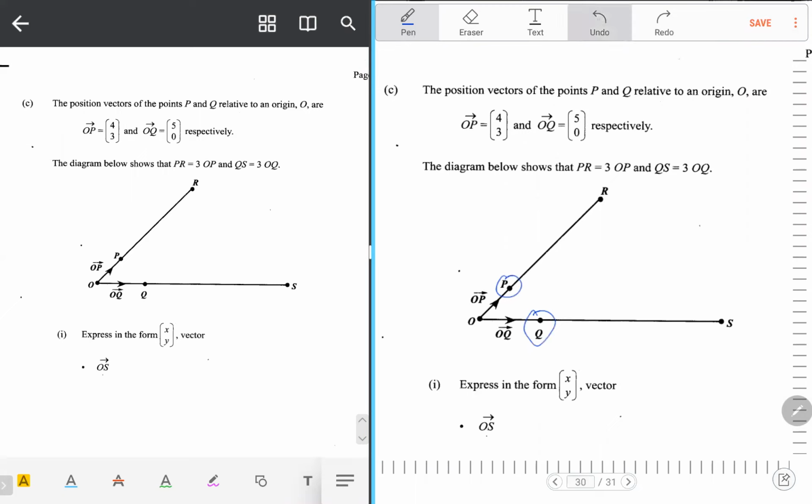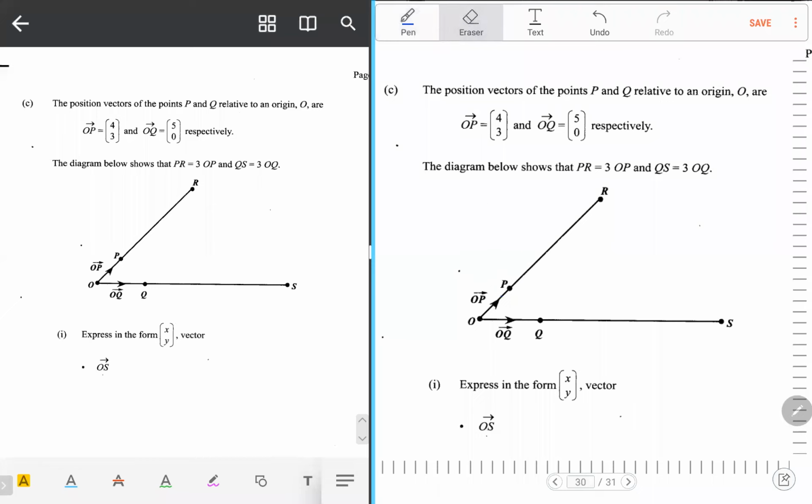Basically this point is the point 5, 0, and this point up here would be the point 4, 3 in coordinate geometry if they were to put in the x and y axes. But they're not showing that.